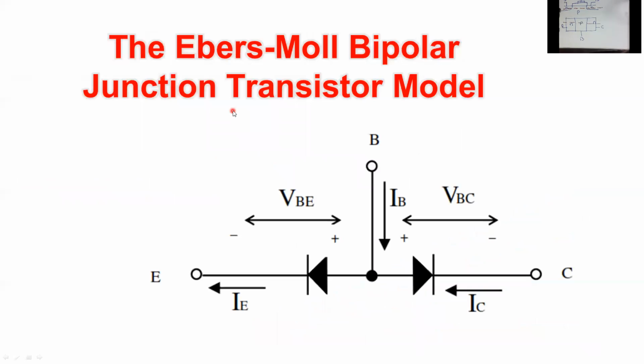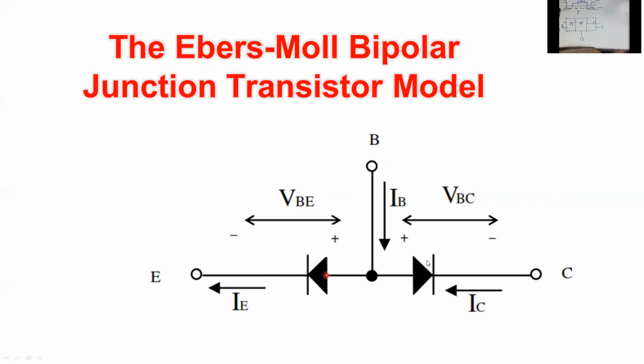Finally, in this lecture, we will understand what's called the Ebers-Moll model. It's actually a very simple model because we just mentioned it. We are considering this bipolar junction transistor as two diodes. Here is the emitter, and here is the collector, and here is the base. This is the first PN junction, which is the first diode, and this is the second PN junction, which is the second diode.